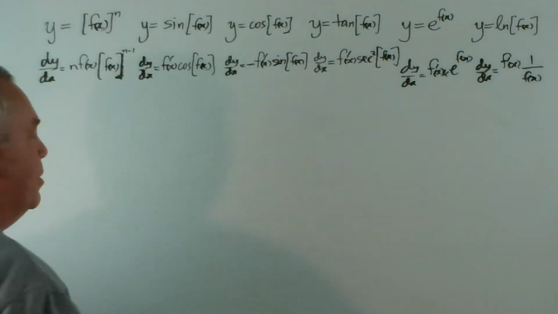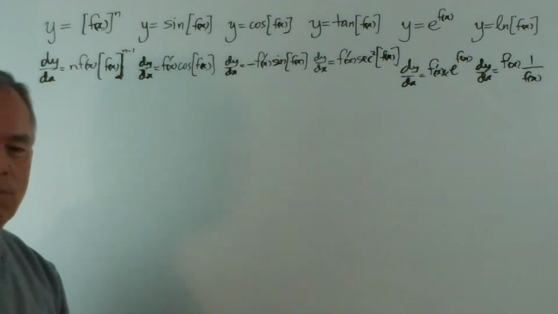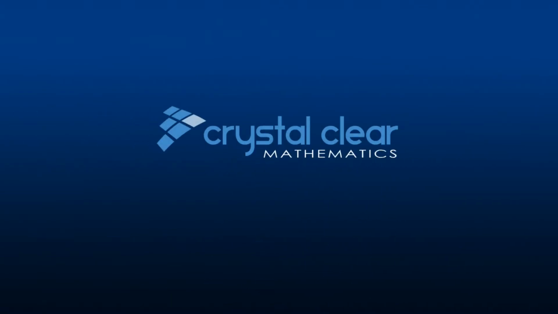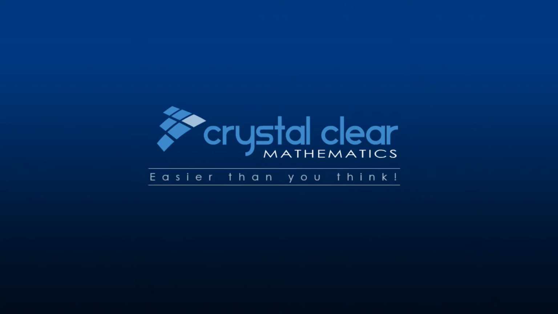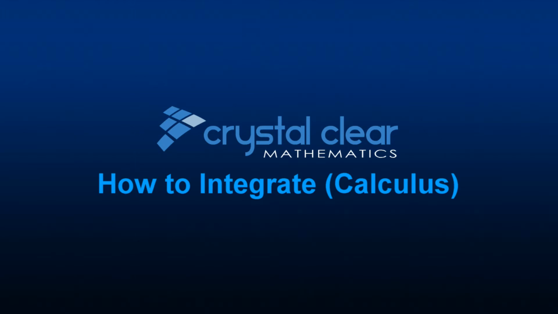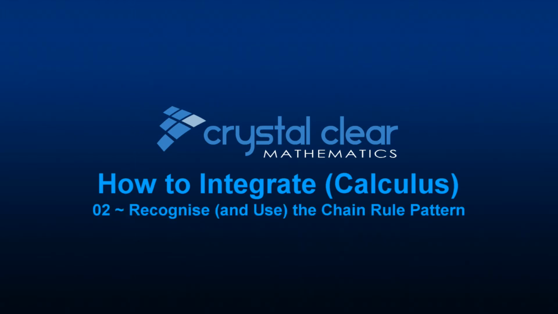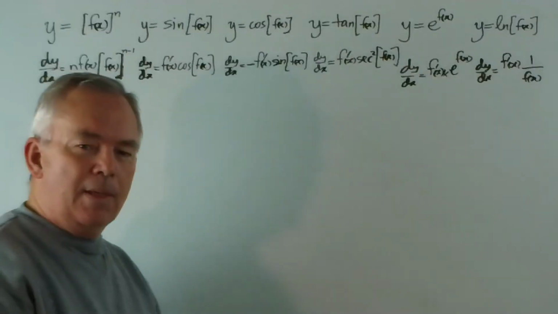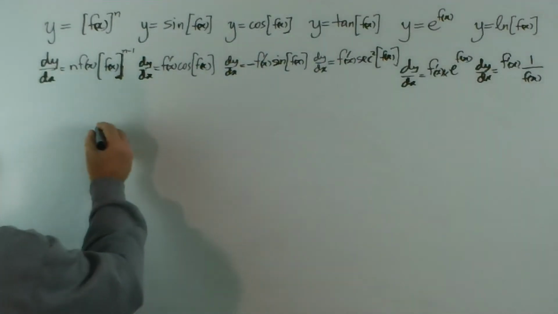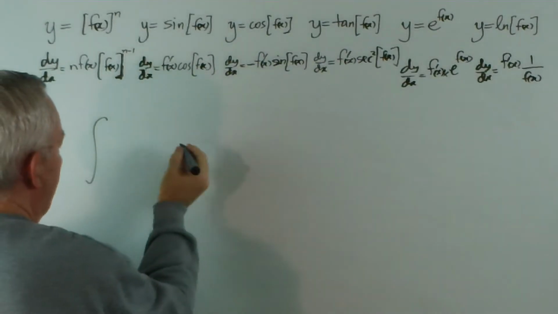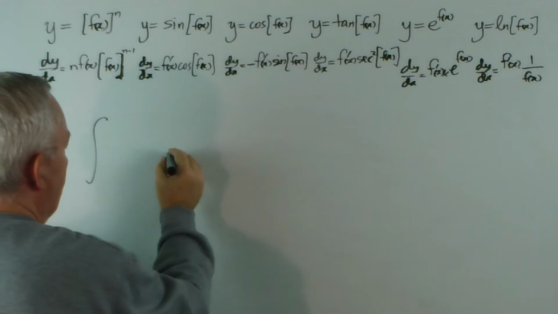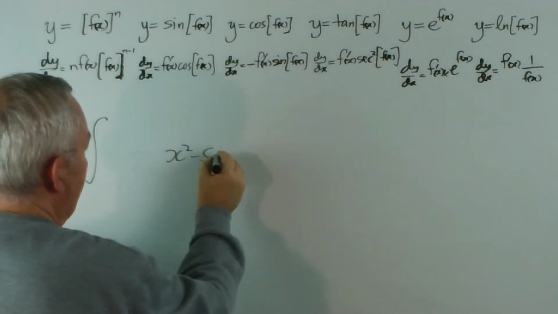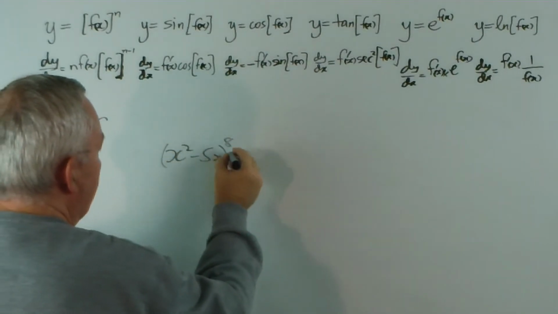Let's do a few integrals. I'll try and do one of each and we'll see what we get. So let's imagine we needed to solve or find this integral: x squared minus 5x to the power 8 dx.